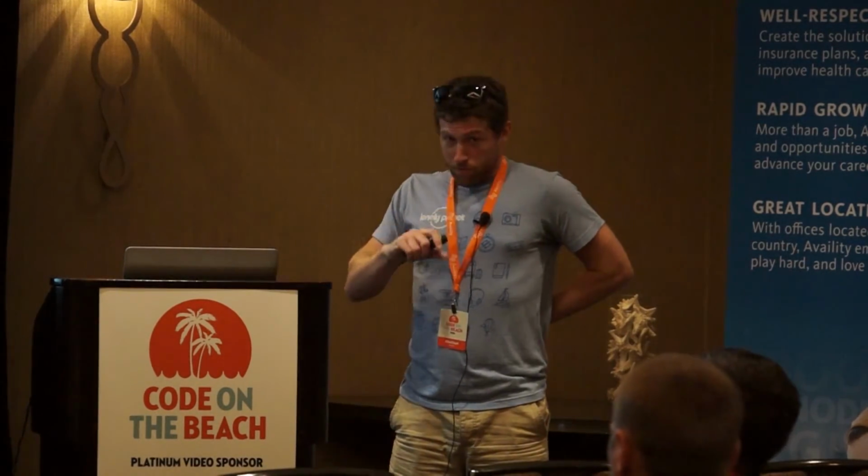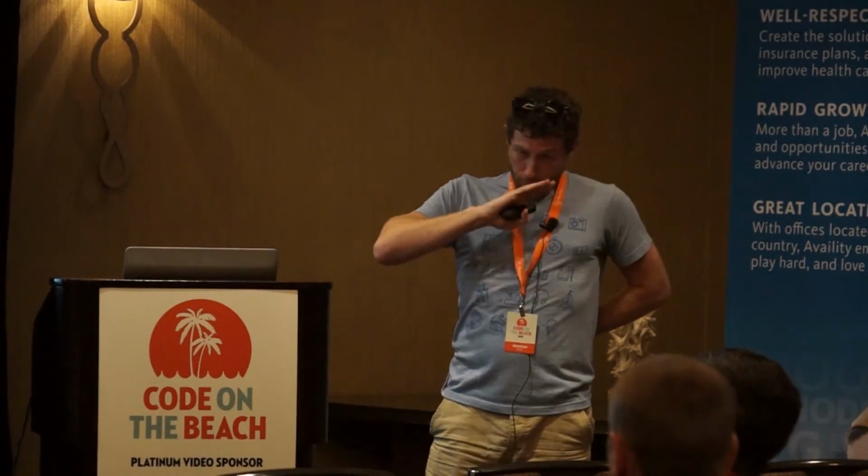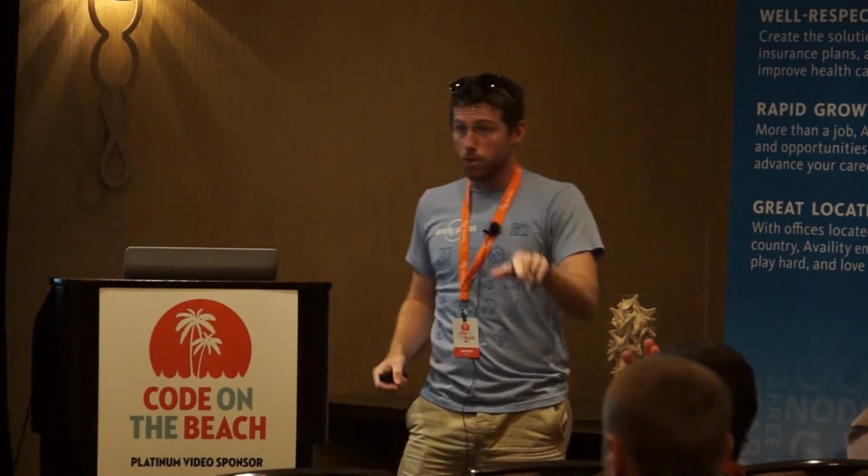So let's talk about a few more things you can do with loaders. Not only can you have loaders that just process your code and output it, you can actually do things that happen before your code gets processed. So how many people use JSHint, ESLint, all those things? Great. You should always do that.